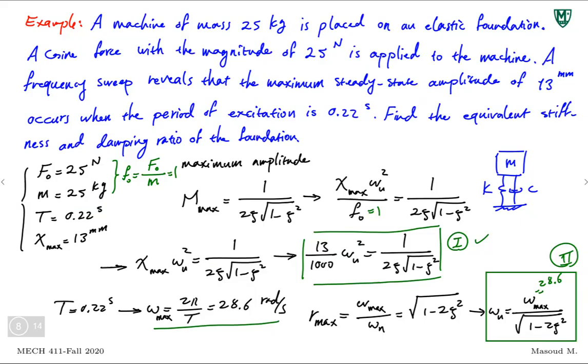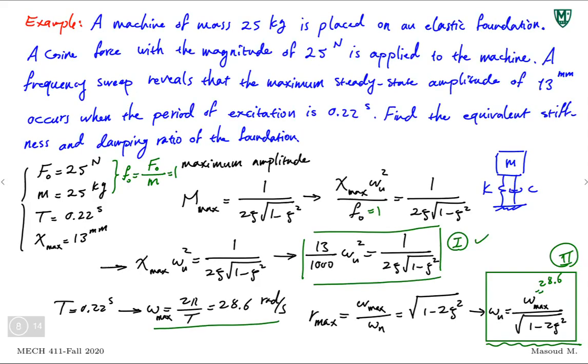All you need to do is plug omega n from one into the other and solve for zeta. The way you solve it is up to you. What I will do is take omega n from the second equation and put it in the first equation, and then solve for zeta. You're going to end up with an equation for zeta that you have to find its root. This is 28.6 from the second equation squared.